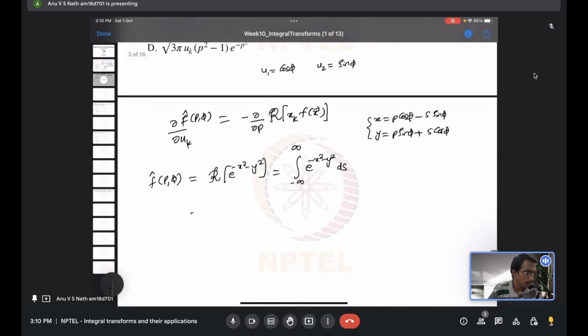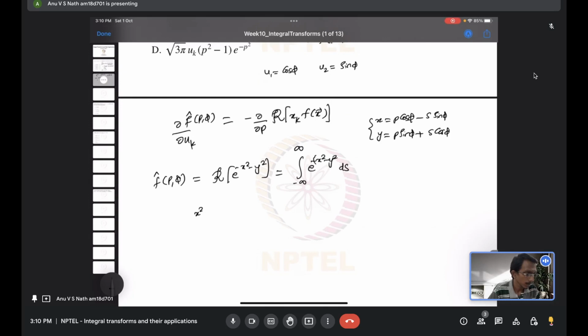If I group it, it's minus of x square plus y square. So we want x square plus y square. From these expressions we can evaluate x square as p square cos square phi plus s square sin square phi minus 2ps sin phi cos phi.